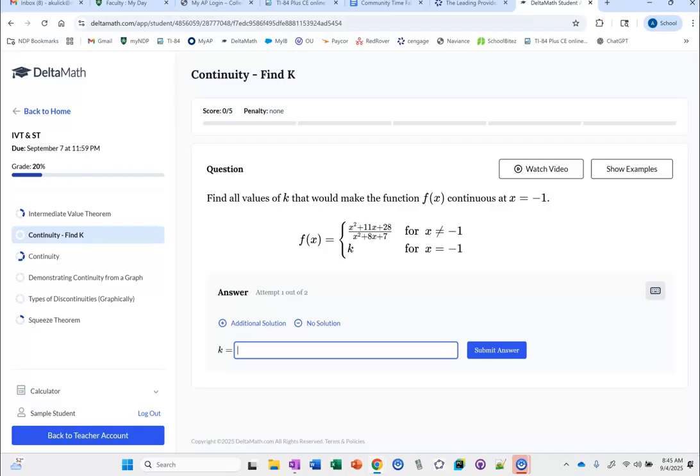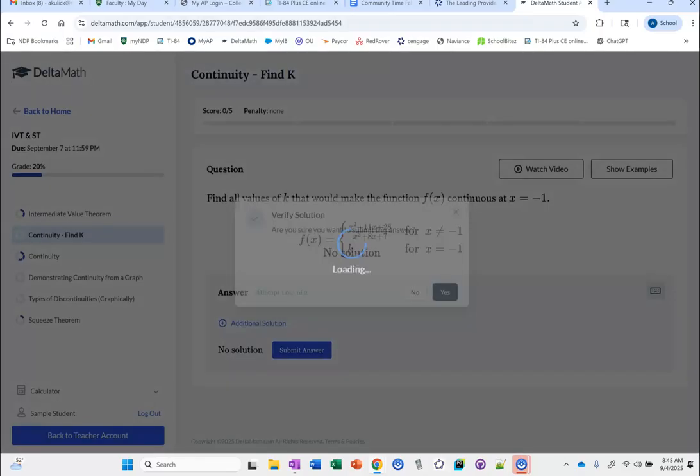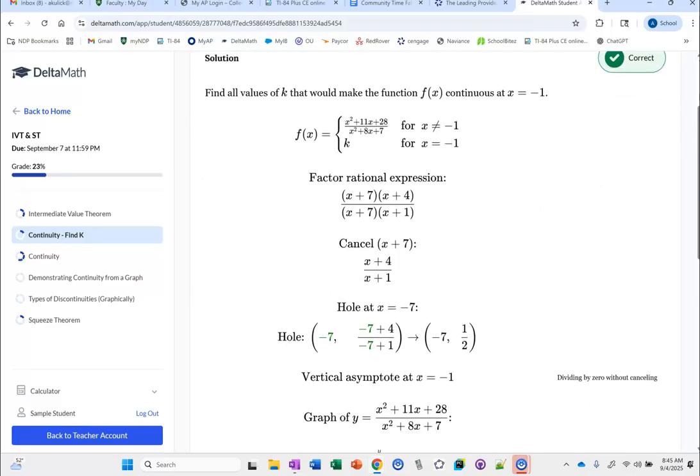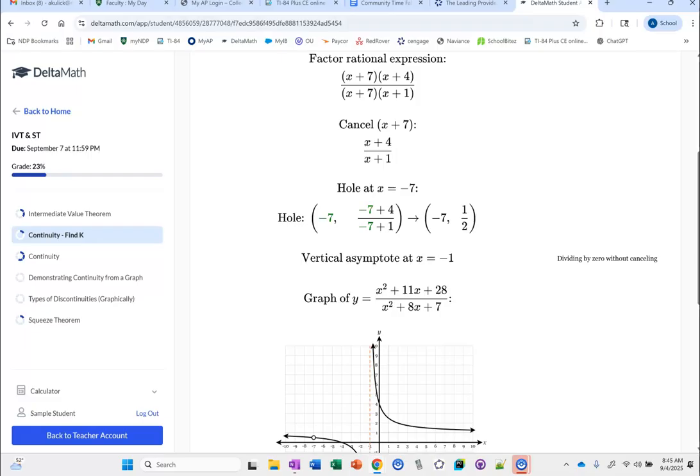I don't think that there's a solution to that. I was like, wait a minute, that didn't work out at all. And I'm like, oh, that's why. So you canceled it out.